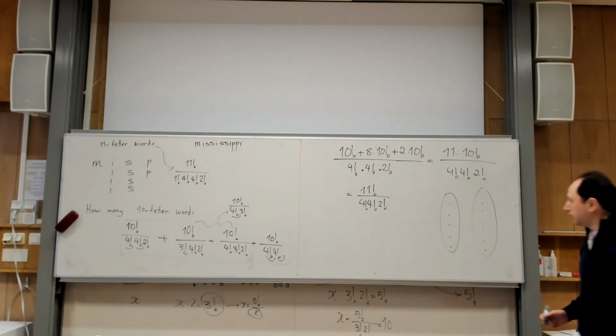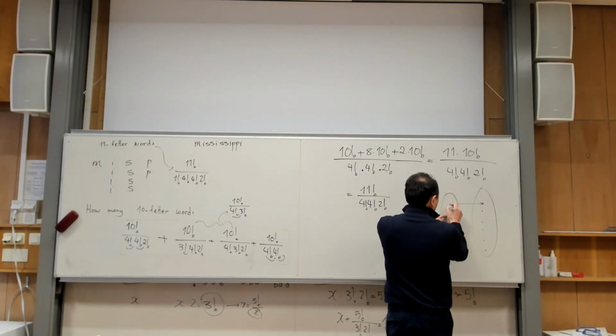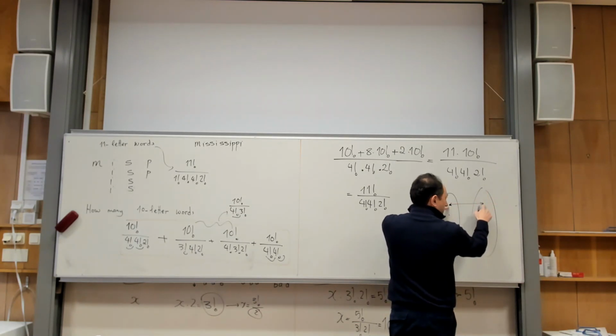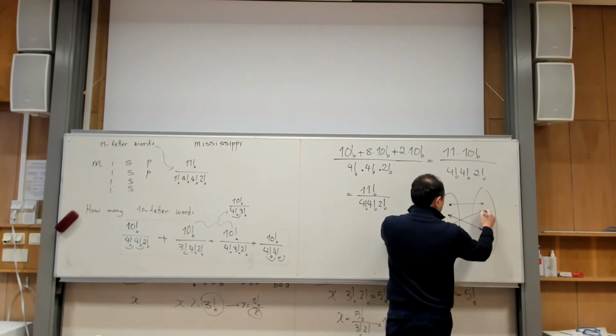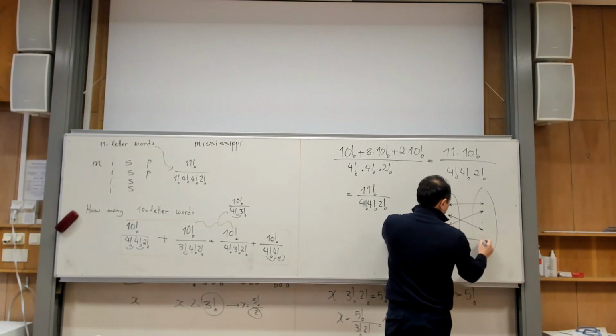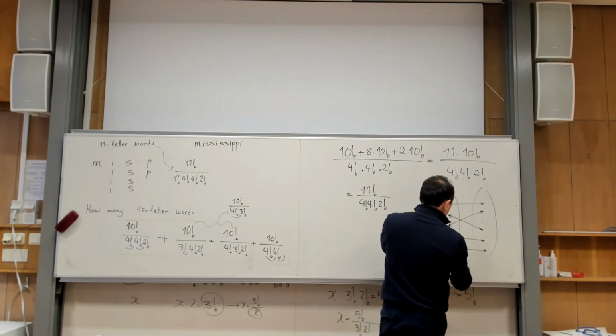Yes, that's the idea. So one-to-one correspondence means, for example, I connect one of these to one and only one of these. I connect one of these to one and only one of these. If I connect this one to that one and this one to this one, you see, this is a one-to-one correspondence now.